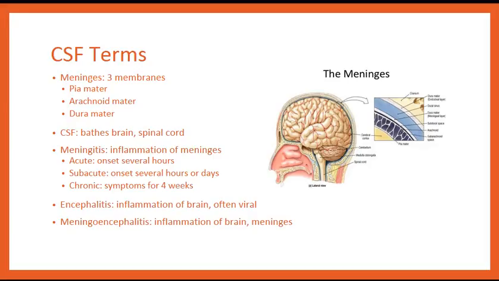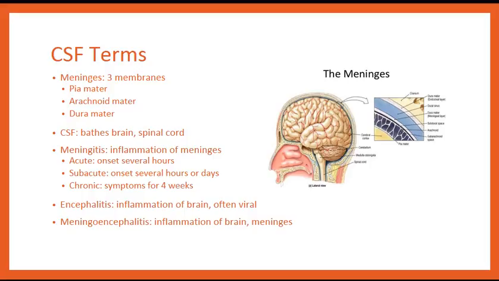Meningitis is inflammation of the meninges. Acute meningitis is one that starts and within several hours the patient is very, very sick. Subacute, the onset is several days or hours, and with this one it gradually comes on them, so they may just start out with a slight headache and it just gradually gets worse.